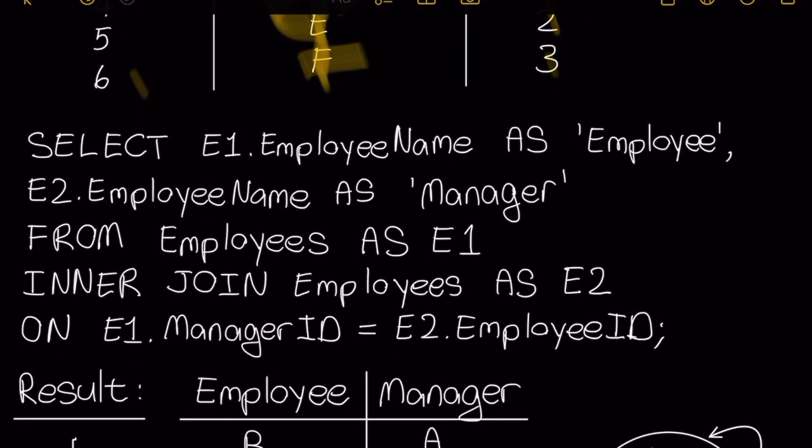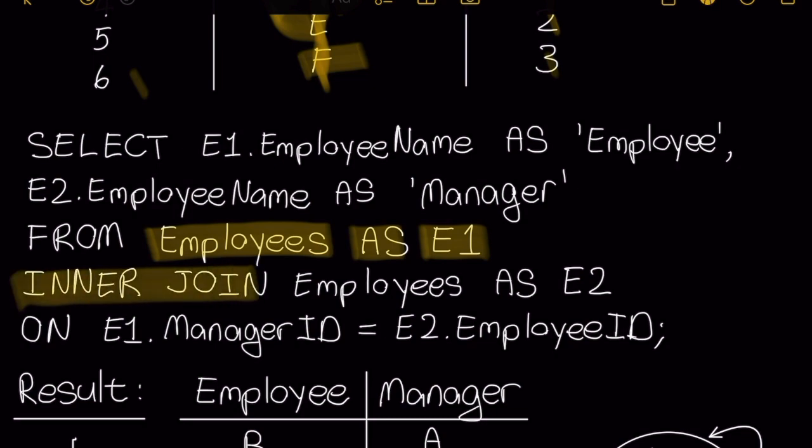Now the query for this is a little complex because we are joining a table with itself. To do this, we have to give the table an alias. So the way we do this is we take the employees table as E1, and then we inner join it with the employees table as E2.